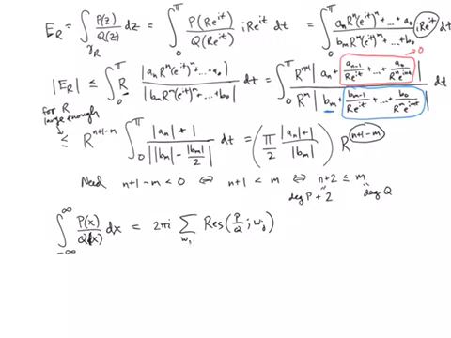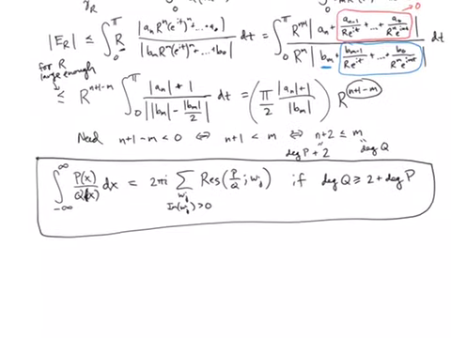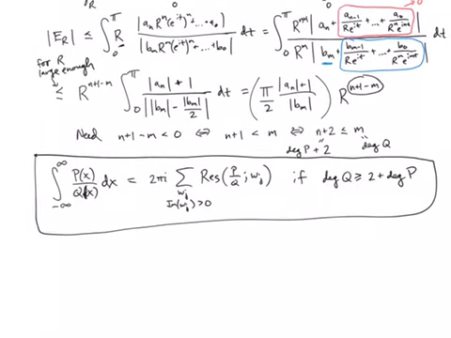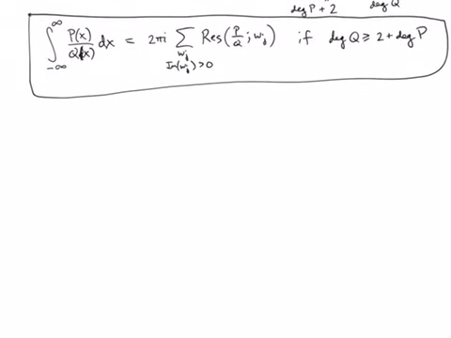So these w_j are the singularities which lie in the upper half plane, if the degree of q is at least 2 bigger than the degree of p. So that's a situation where you can compute that improper integral by this method, if that one condition holds. So here's an example.